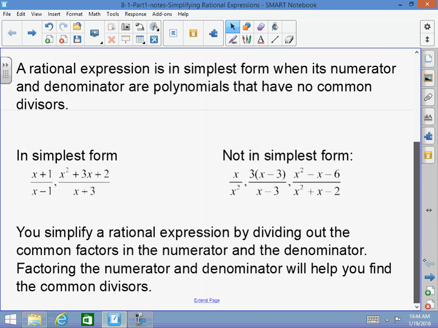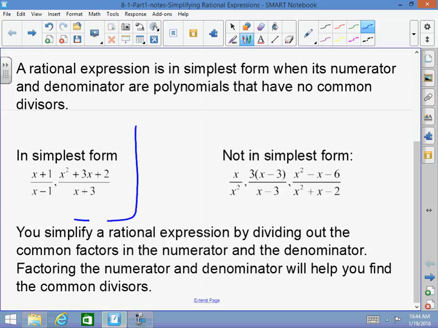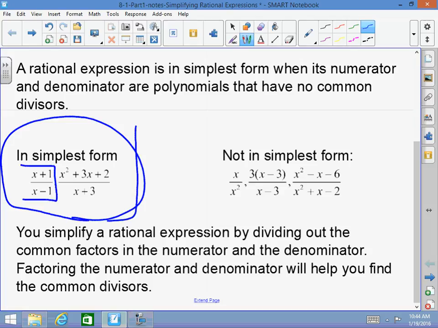For example, over here on the left, circled in blue, these are rational expressions that are simplified. For example, x plus 1 divided by x minus 1. You cannot simplify that anymore.